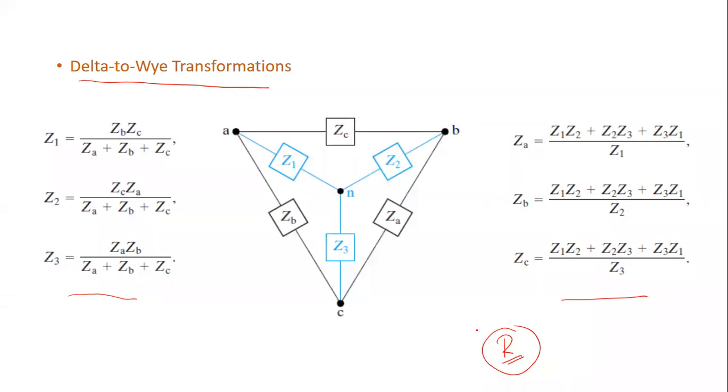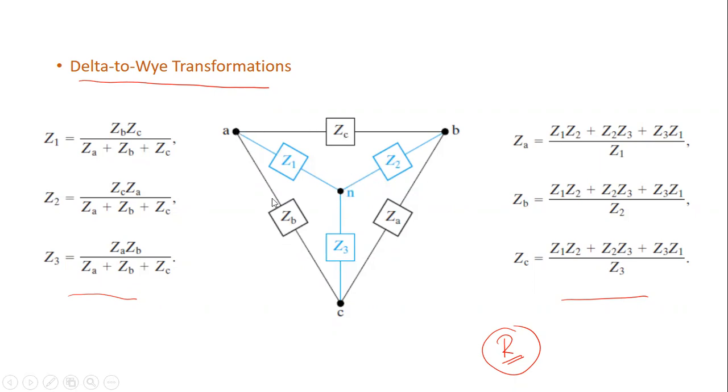But in this case, the formulas are the same, but you need to deal with complex numbers. For example, in these three formulas, you are finding Z1, Z2, Z3, which are here in blue.